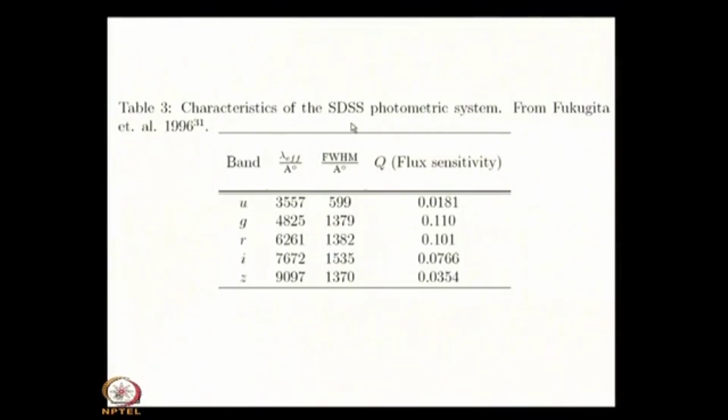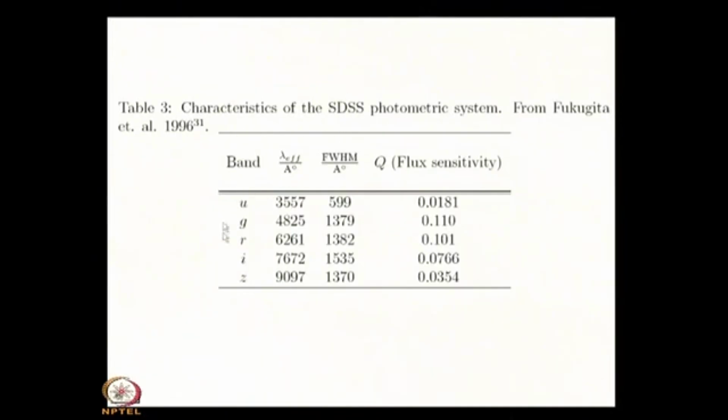So it shows you the photometric system that was used in the Sloan Digital Sky Survey. They have not used these UBV bands for any astronomical source in the sky. This has surveyed the entire sky. Okay, most of the sky, maybe not the entire sky, but most of the northern sky at least.